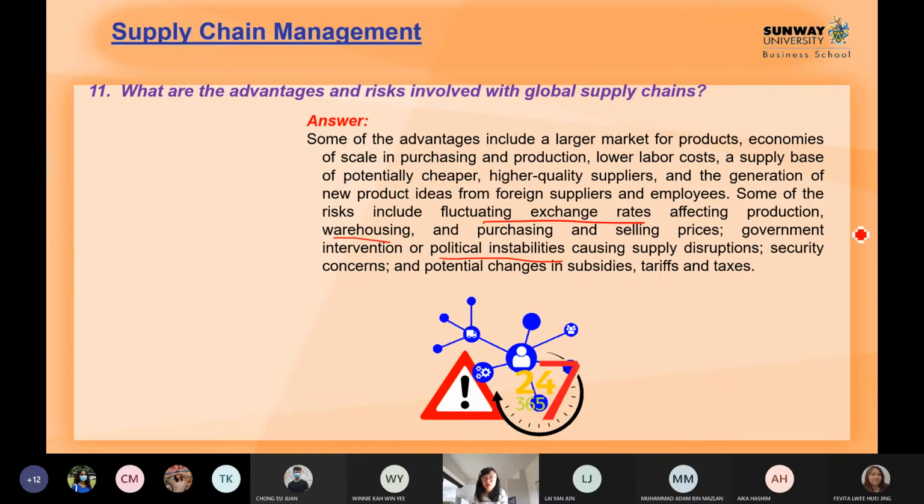Security concern, because you are moving through so many countries, so many places. How do you secure your item to remain good quality when it reaches the customer's hand? Okay, so you have 3 countries. Is your total calculation on tariff and tax able to be minimized so that you can have a big profit margin? You need to think about this when you go for global supply chain.